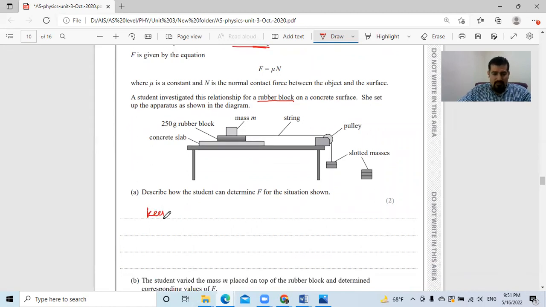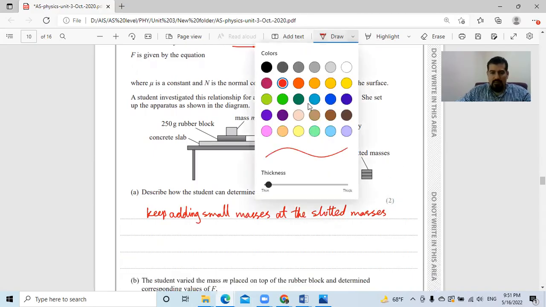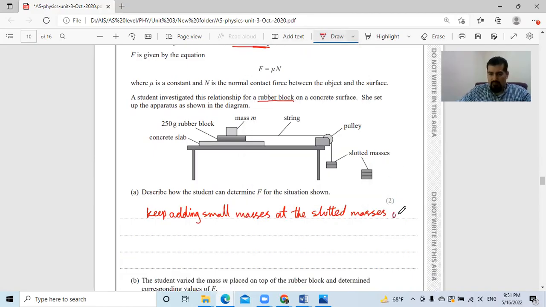Keep adding small masses at the slotted masses until it starts to slide.